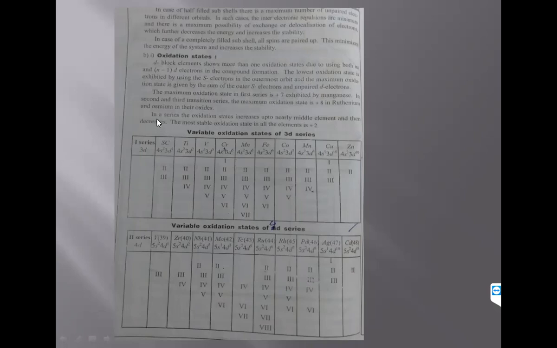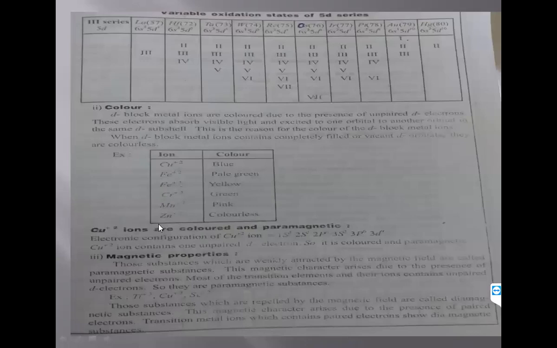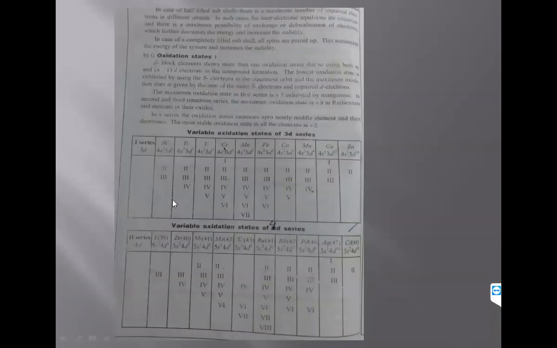So, in a series, the oxidation state increases up to nearly the middle element and then decreases. If you look at these tables, we come to one conclusion: in any one series, oxidation states increase up to nearly the middle element.